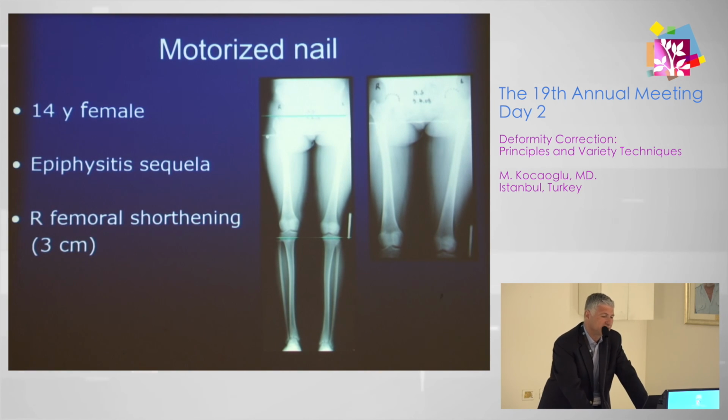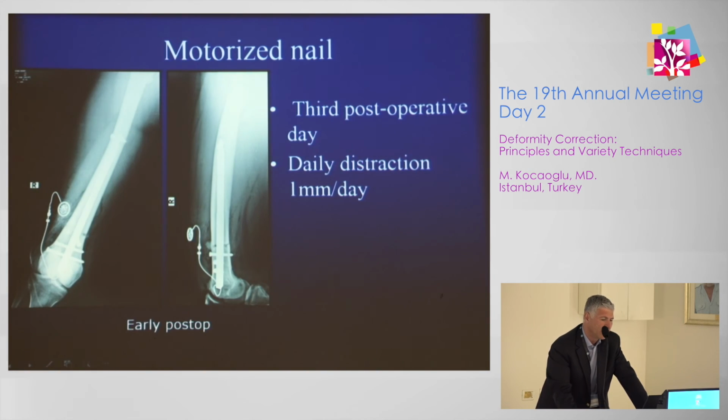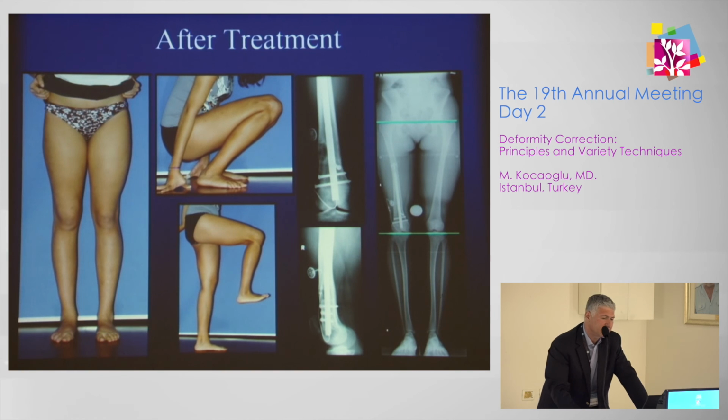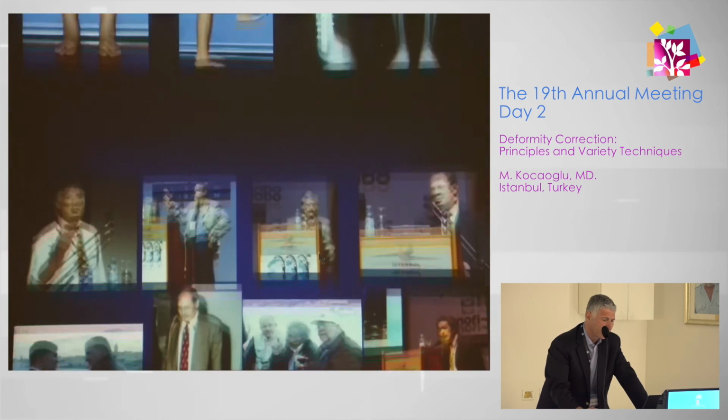This is a 14-year-old female with epiphysiolysis sequela with shortening of 3 centimeters in the femur. I put in a Fitbone. This is immediately after the operation, and this is the postoperative 2nd week and 5th week. And this is the final result, lengthening of 3 centimeters. This was a very easy case.